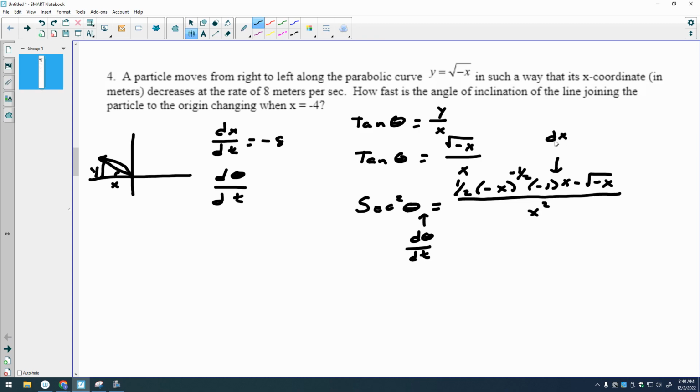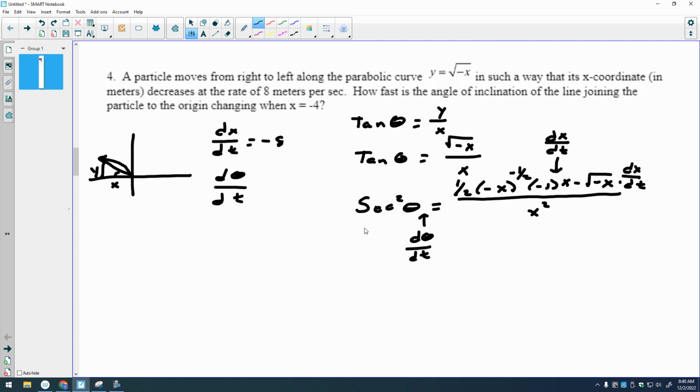Sorry. And my times by 1 should be times by 1 dx/dt right here also, all over the bottom squared. All right. I think I'm okay. Sorry.